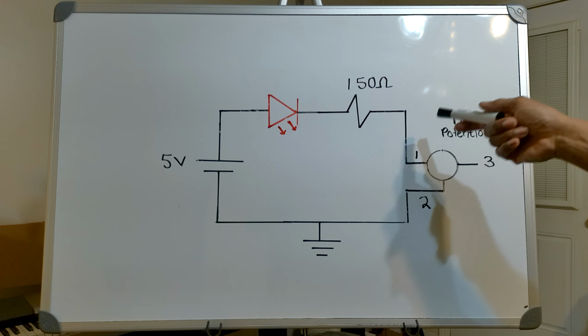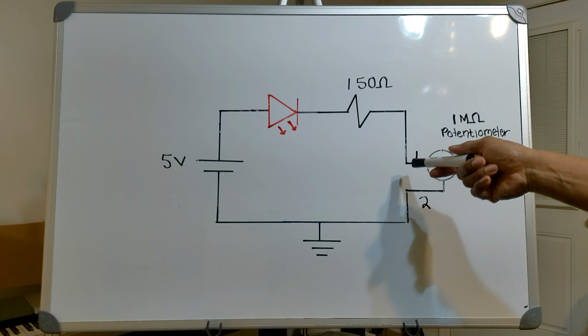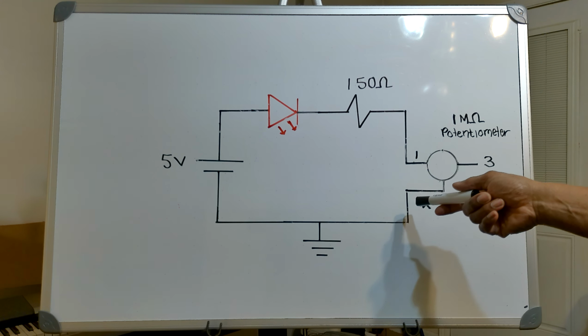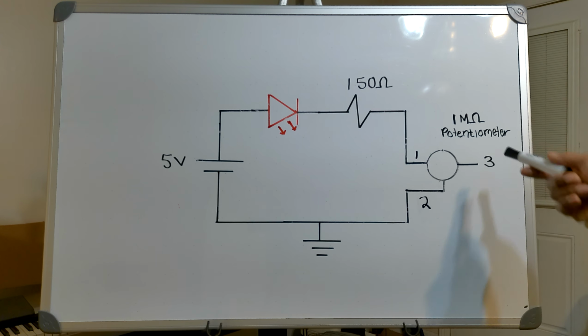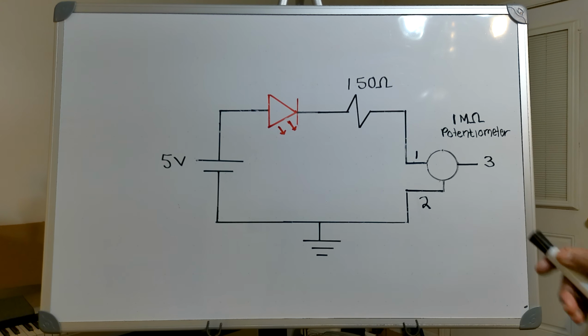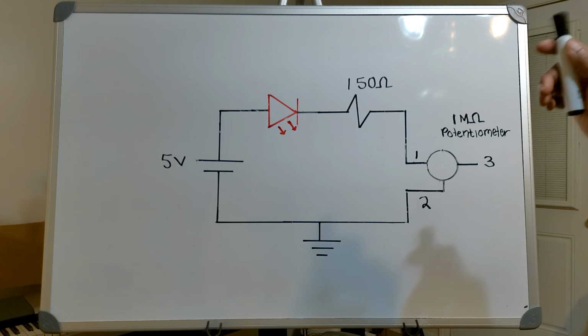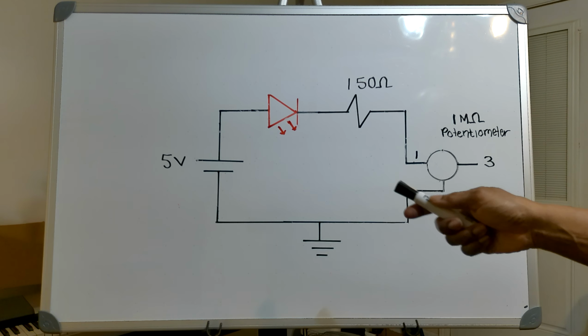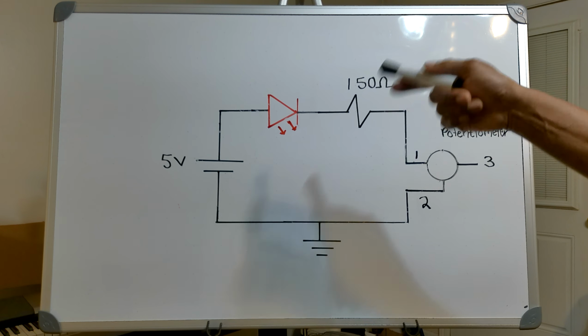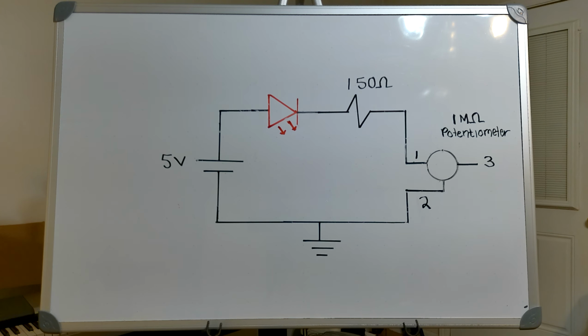Pins 1 and 2 are in my circuit, and pin 3 is basically just floating. Now, currently my circuit is on, but what we do not know is whether or not the LED is on.